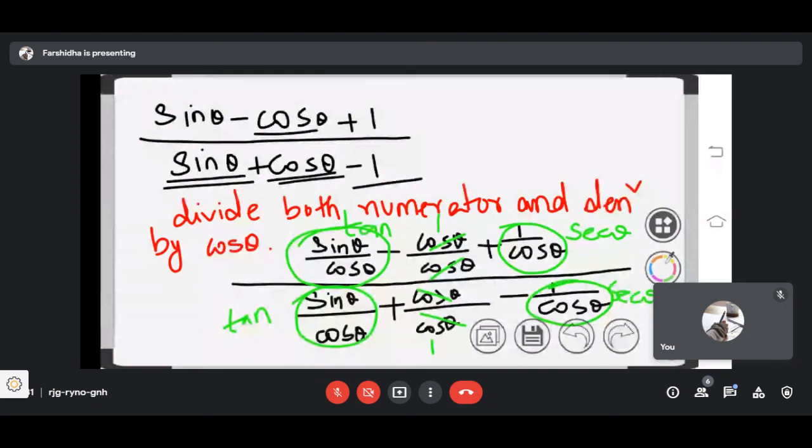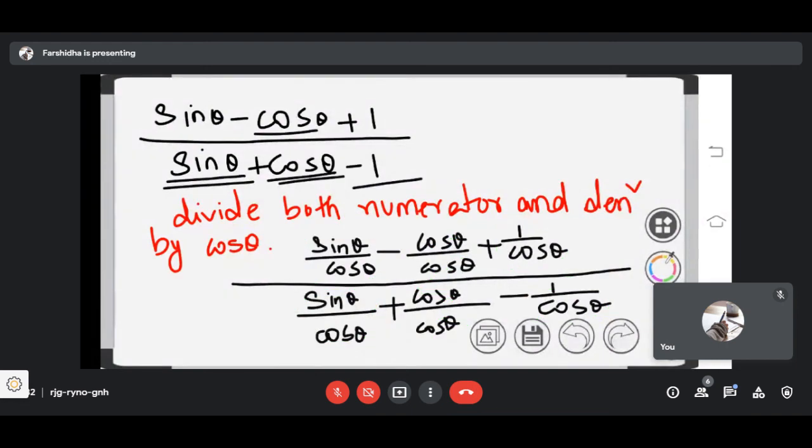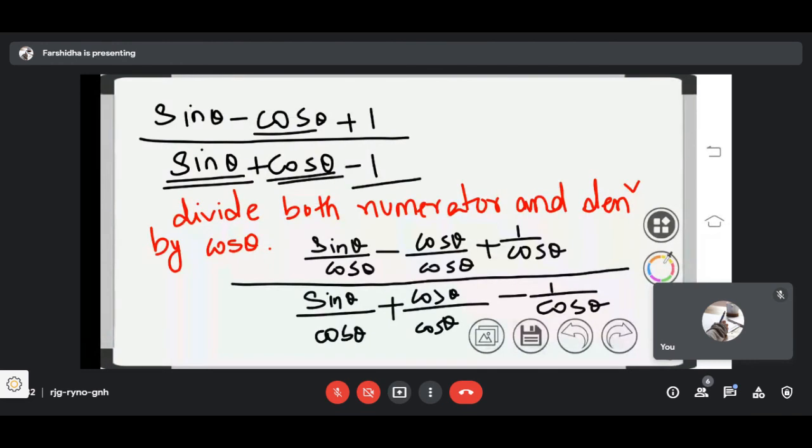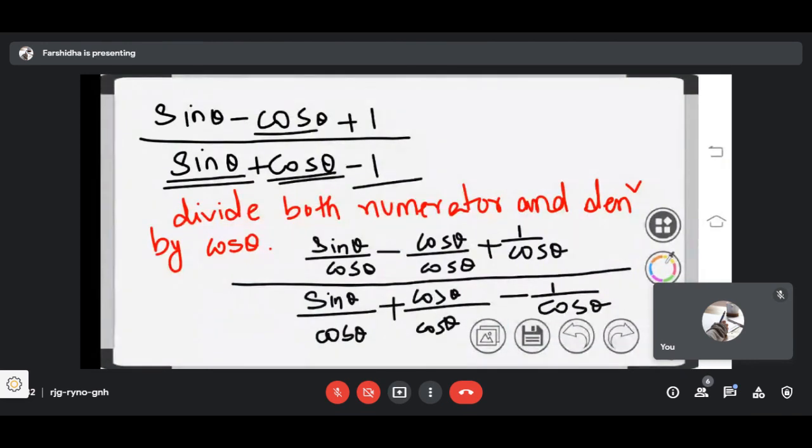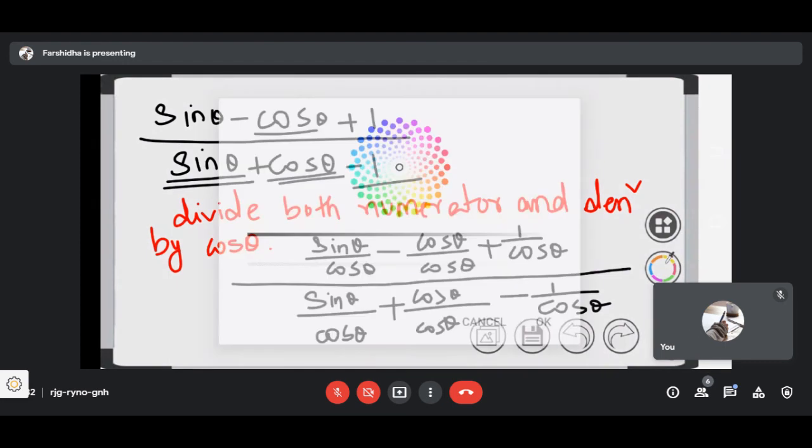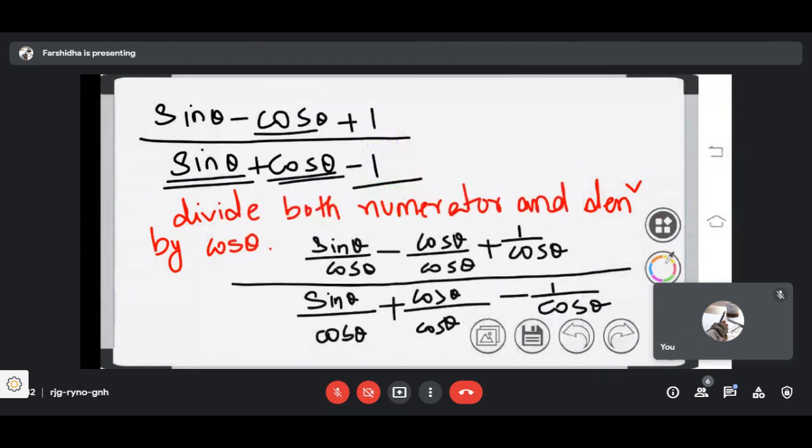So copy down first. So our next step is tan theta minus 1 plus sec theta divided by tan theta plus 1 minus sec theta.